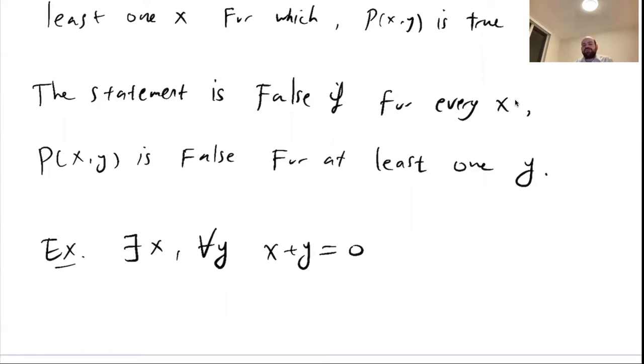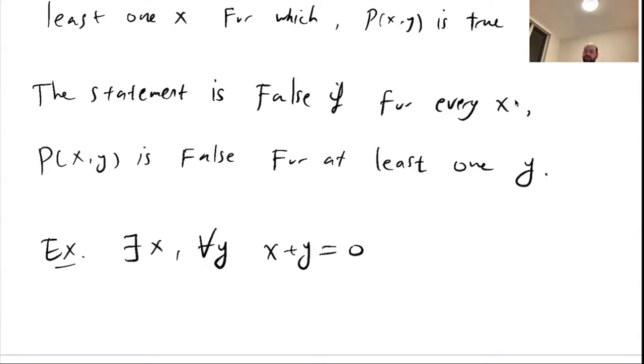For example, if x is 1, then I need 1 plus y to be equal to 0. So can I say that 1 plus y equals 0 is true for every y? Well, obviously no, because 1 plus y is equal to 0 only for one value of y, not for every y.